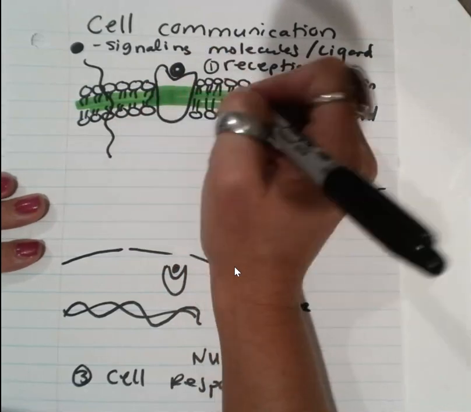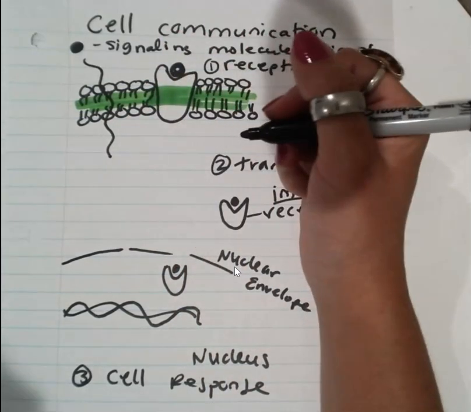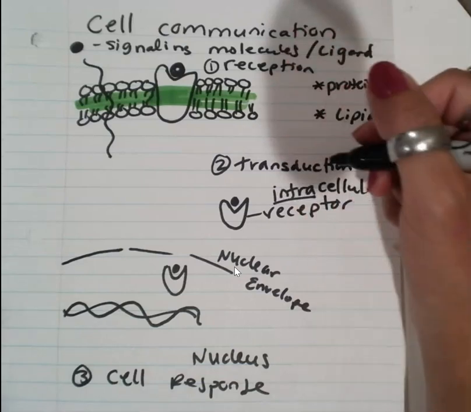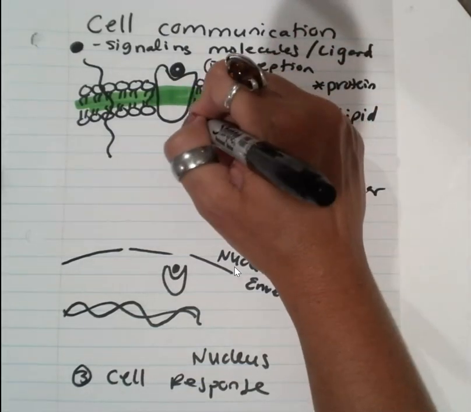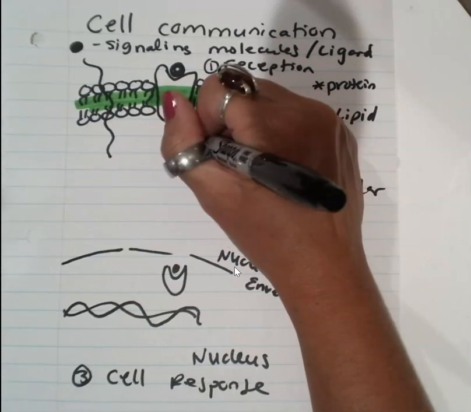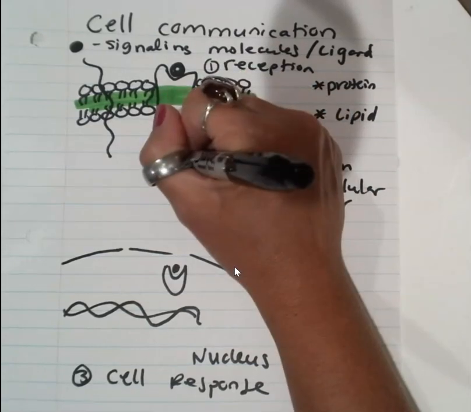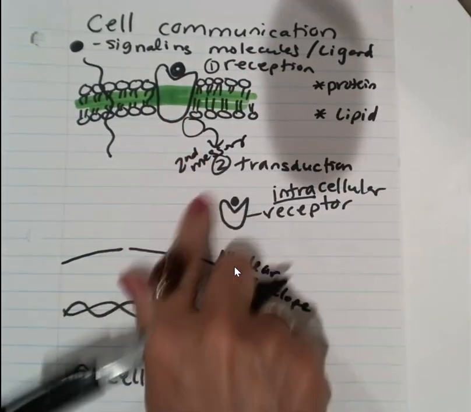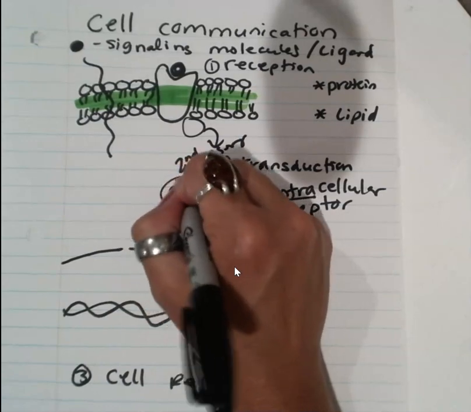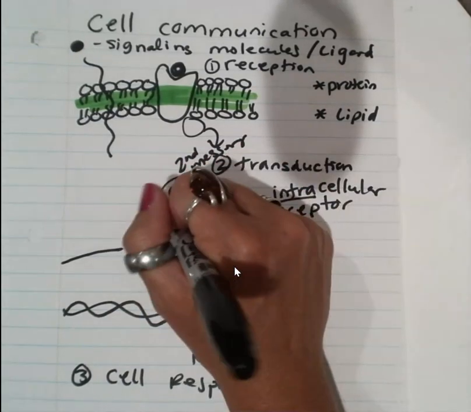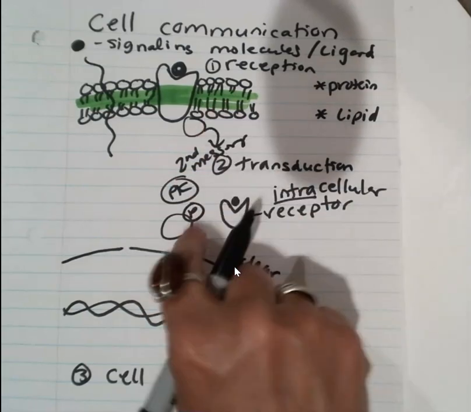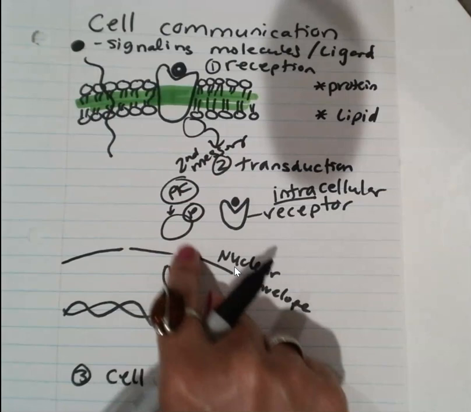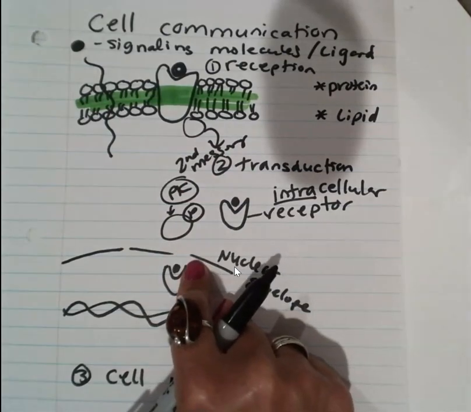Then it'll activate what we call relay proteins, and I have lots of videos on cell communication that I would recommend watching. But basically, other proteins become activated that then lead to a second messenger. In your transduction pathway, you use protein kinases that phosphorylate and activate other proteins along the phosphorylation cascade.